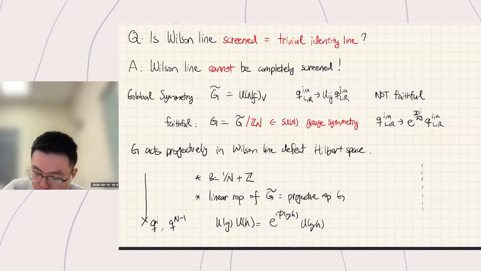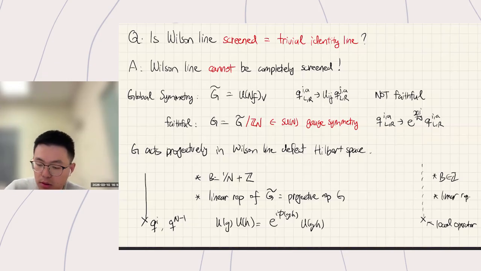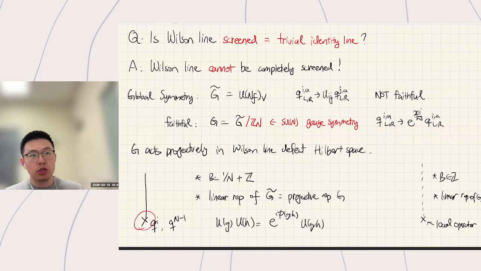Then the endpoint of a Wilson line is nothing but a local operator, and this local operator, as we said, always has integer baryon number and forms a linear representation under G. Hence we derive a contradiction, because we are starting with a projective representation, and projectivities are quantized.